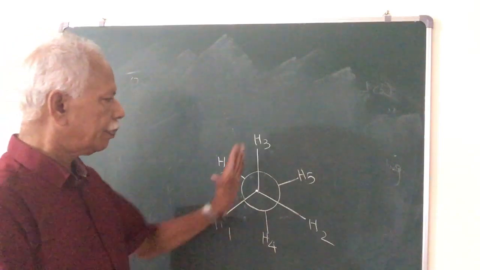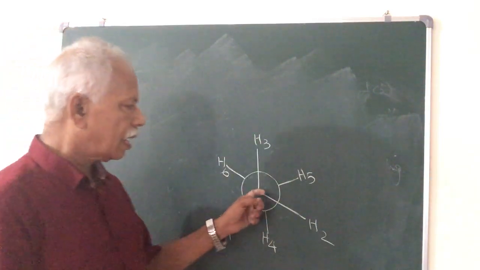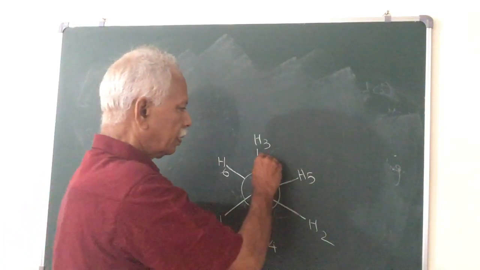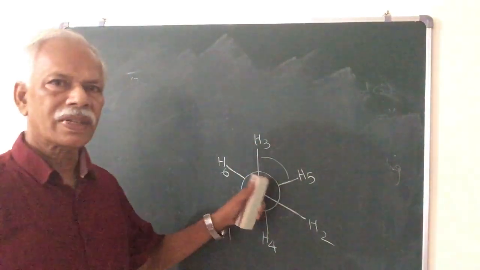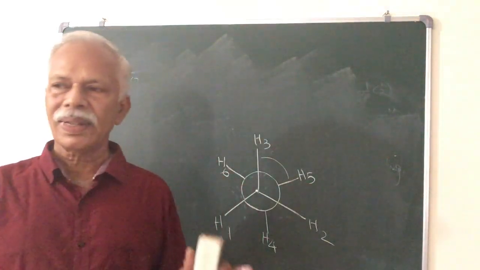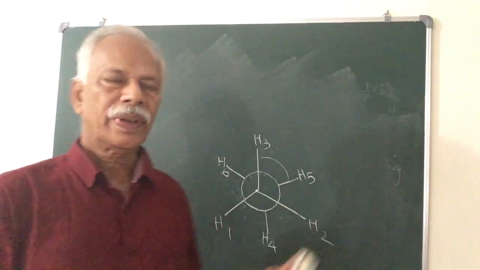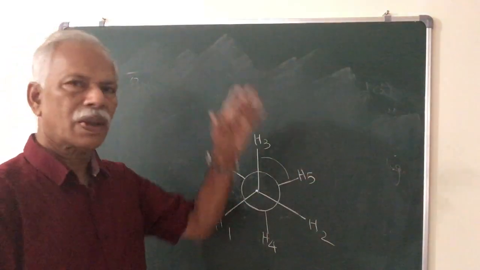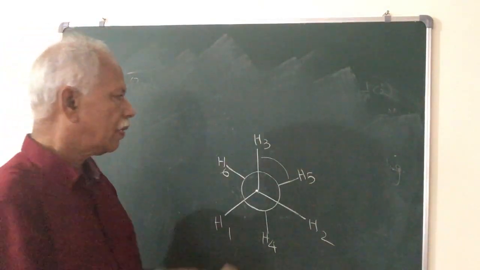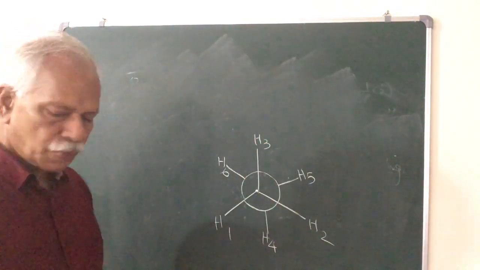The angle between the front carbon hydrogen bond and the rear carbon hydrogen bond is 60 degrees. We call this angle the dihedral angle. Dihedral angle is defined as simply an angle between two planes. Here is a plane, here is another plane. The angle is 60 degrees.